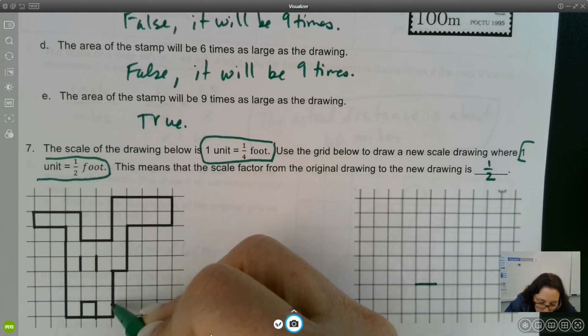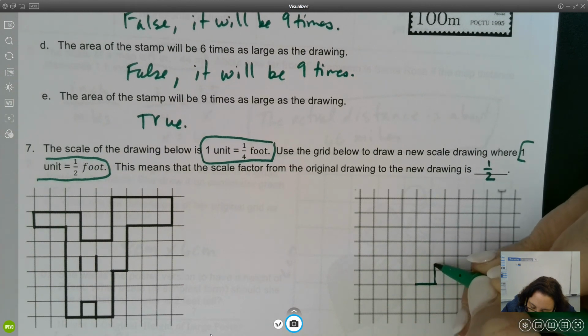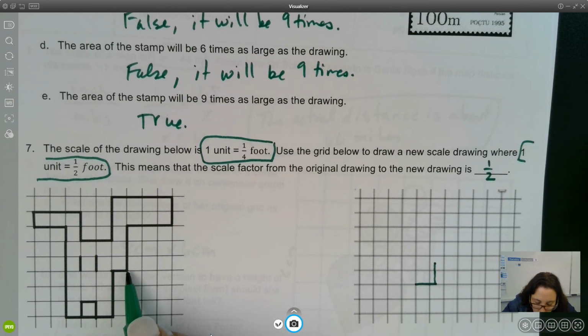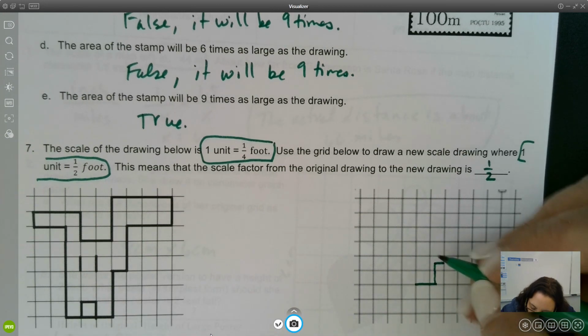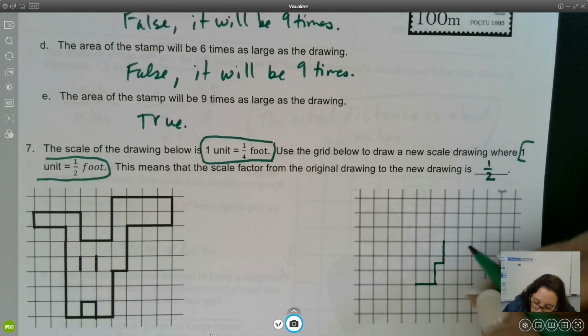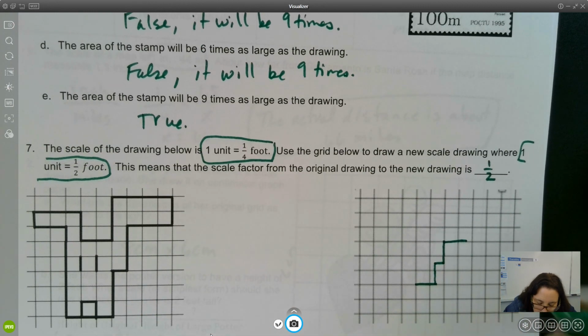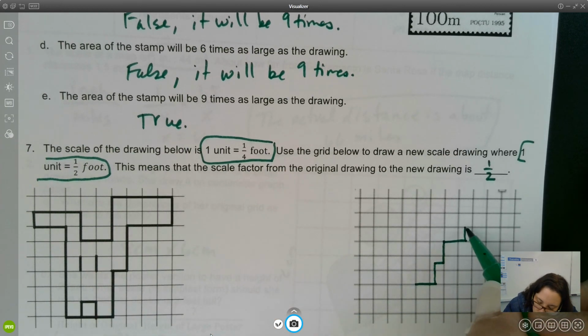This guy here, 1, 2, 3, that would be 1.5. This right here would be 1/2. This would be 1.5. This would be 1.5. This would be 1. This would be 2.